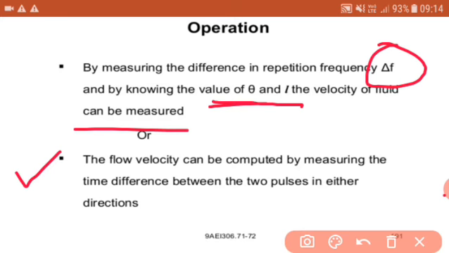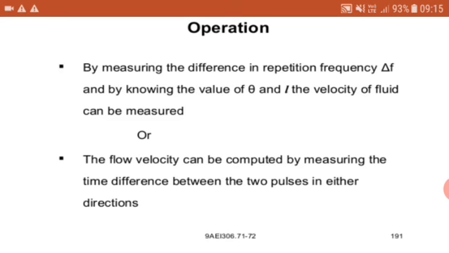Or the flow velocity can be computed by measuring the time difference between the two pulses in either direction. So this is the other method of measuring flow velocity.